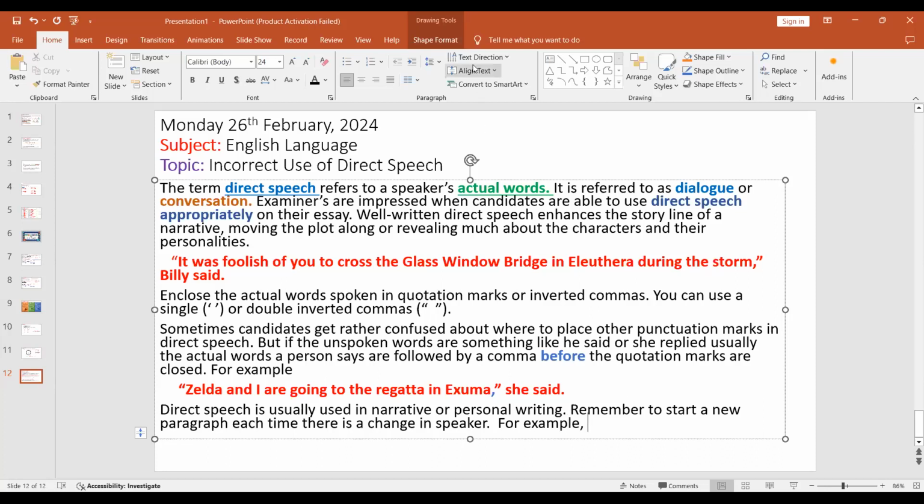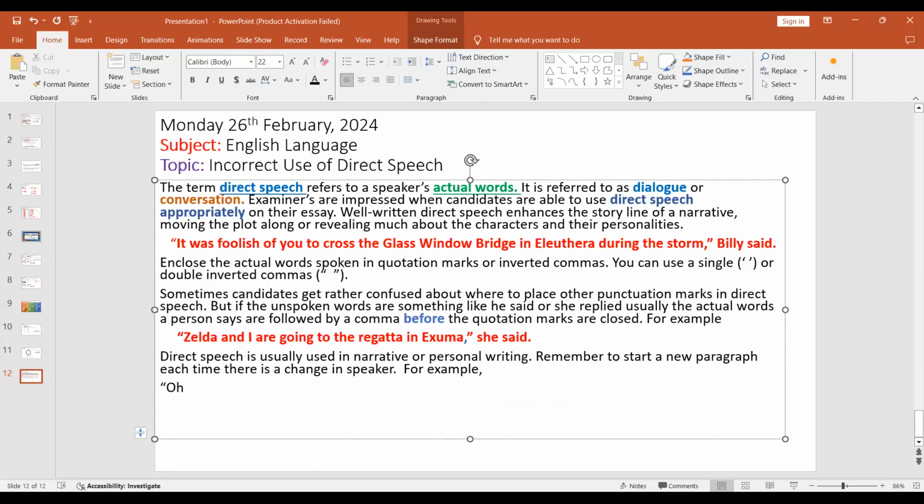So for example, let's say the first person starts off the conversation and says, "Oh no, it looks like the concert on Fort Charlotte has been rained out," said Tommy.